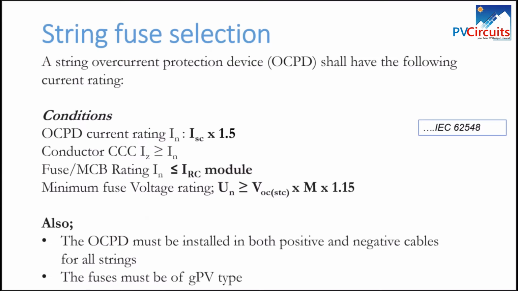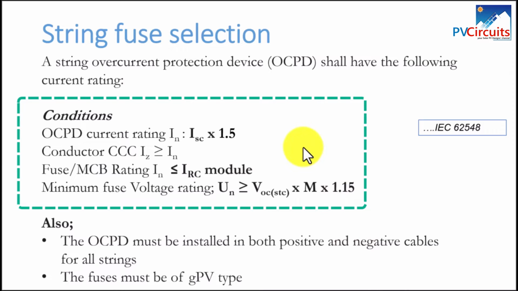So if we decide to provide a protection, there are the following statements that guide string fuse selection. We say that a string overcurrent protection device, that is OCPD, shall have the following current rating. The device will be rated at ISC times 1.5, and this is a worst case, as defined by IEC 62548.